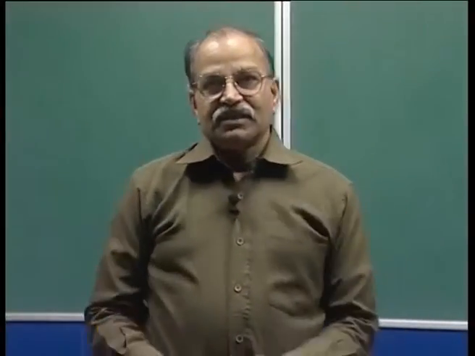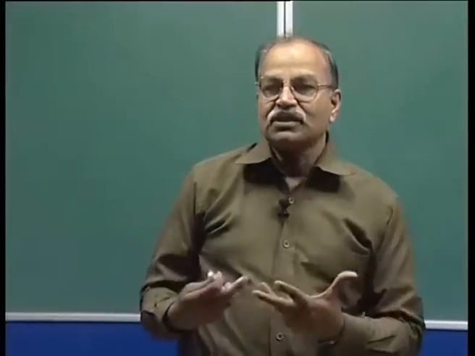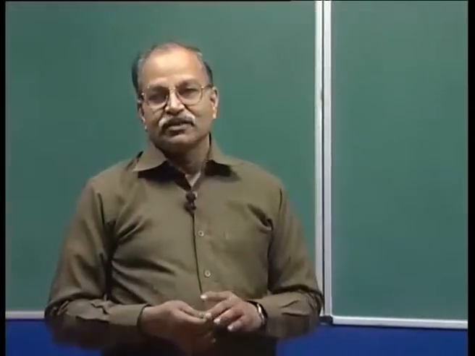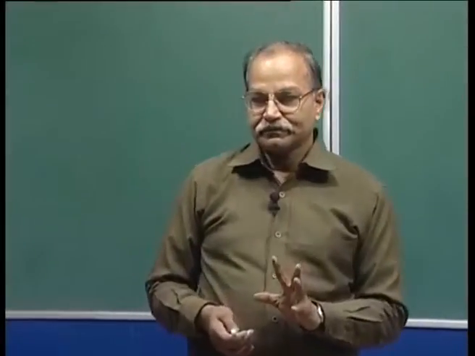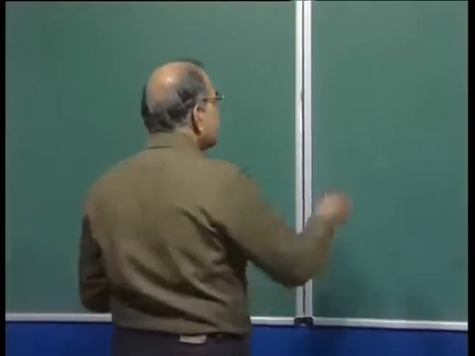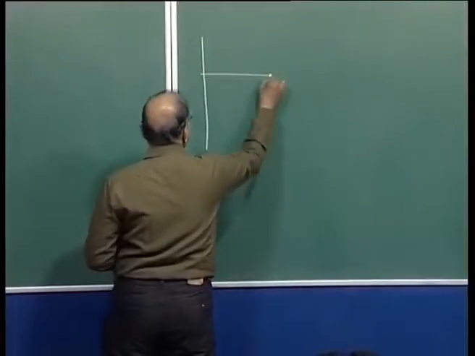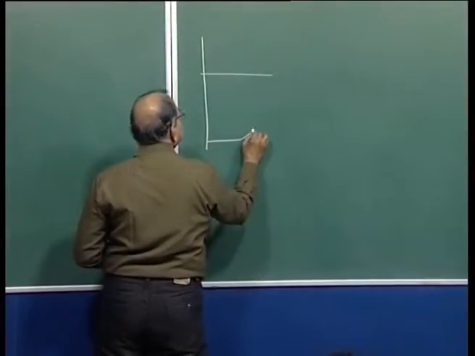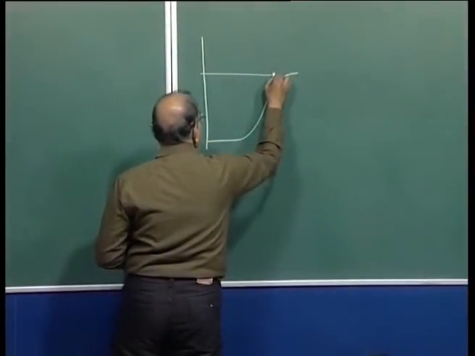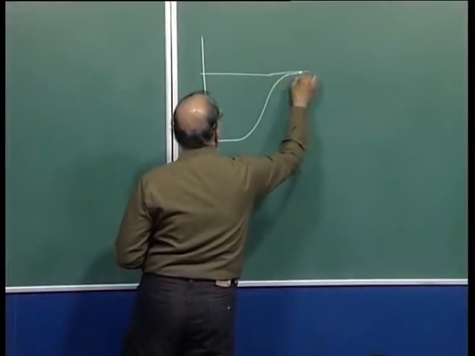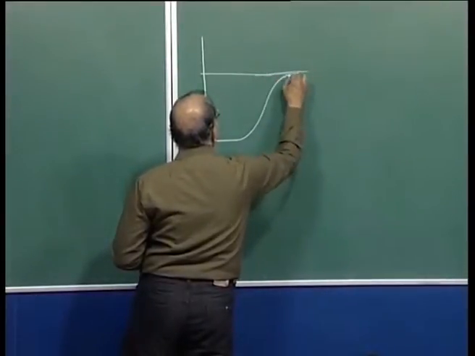The one which suits all these discussions is the Woods-Saxon potential, where the shape is something of this type. So, no sharp edges and no infinite potentials.